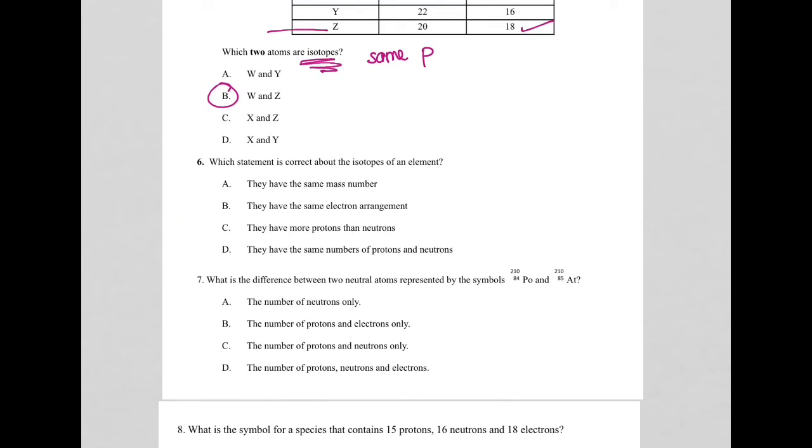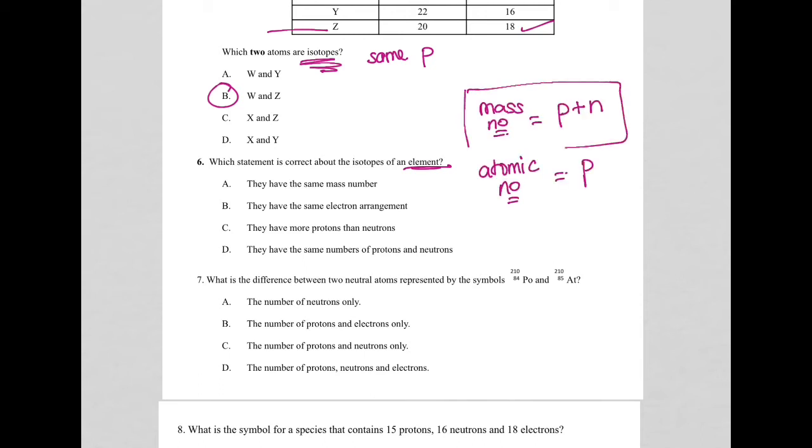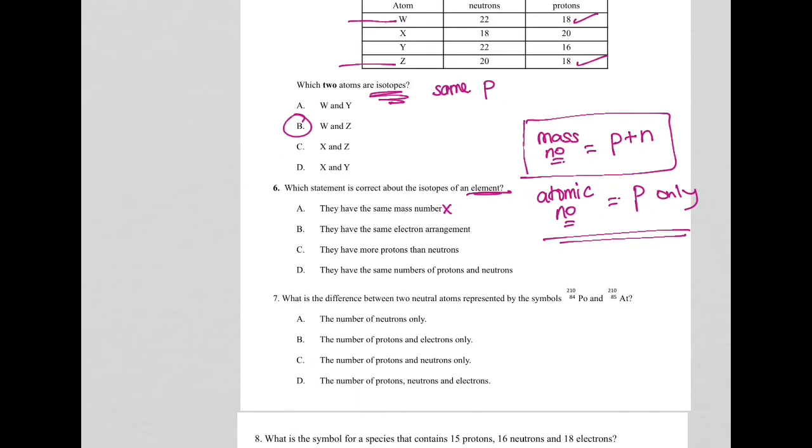Which statement is correct about the isotopes of an element? They have the same mass number. Mass number is the number of protons and neutrons. This is the bigger number. And then atomic number is the number of protons only. Right? So atomic number is the smaller number. Mass number will be the larger number. So it's talking about electron arrangement, which refers to number of electrons.